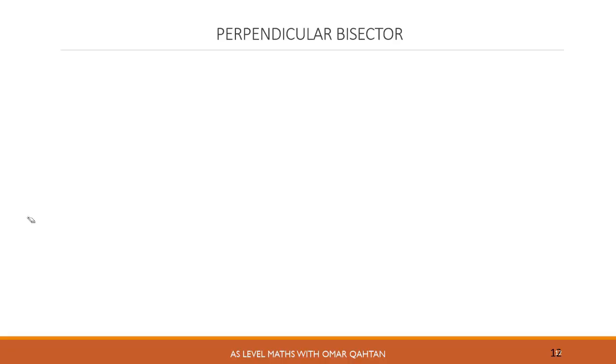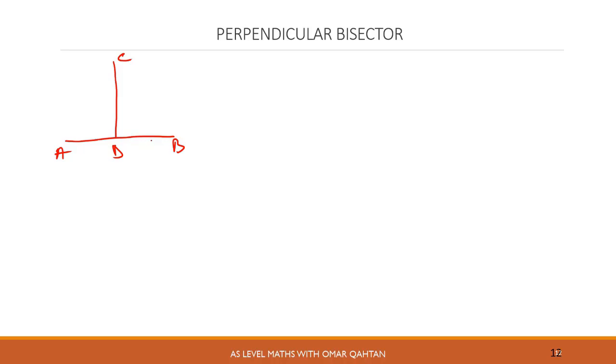Let's talk about perpendicular bisector now. If a line is bisecting the other line into half, whenever I say bisect, it means that the line is going to cut the other line into equal halves. So let's say A, B, C and D are the coordinates.